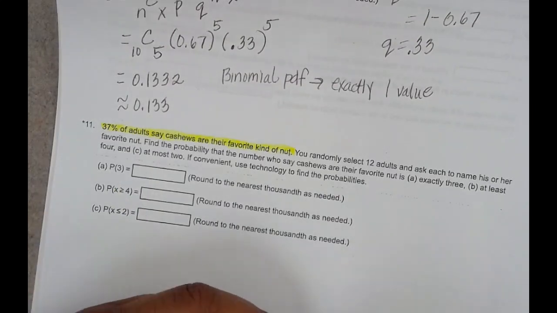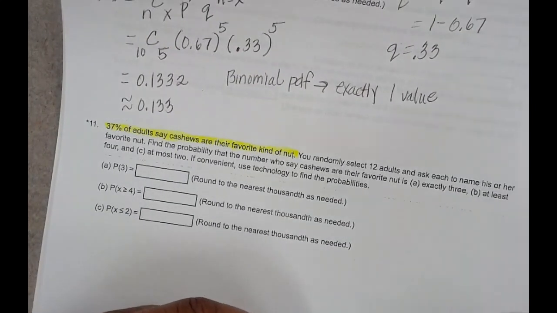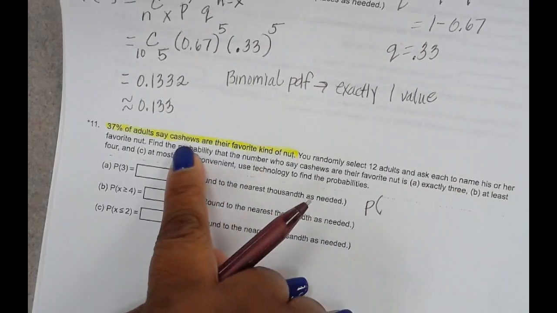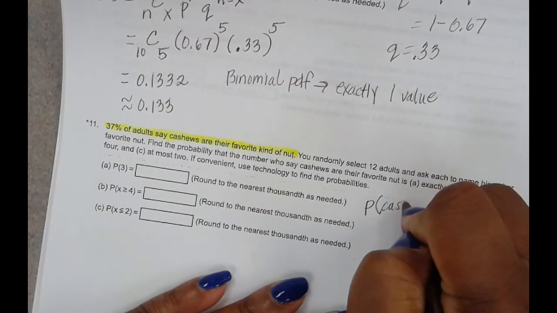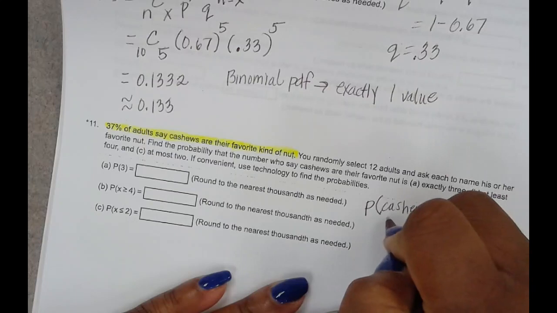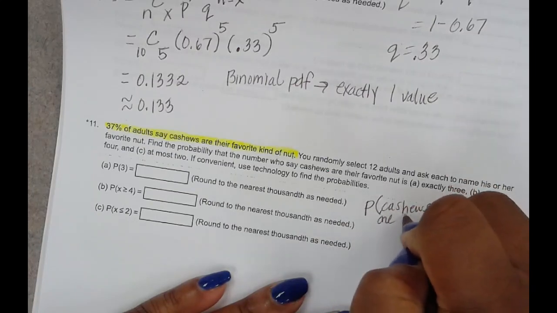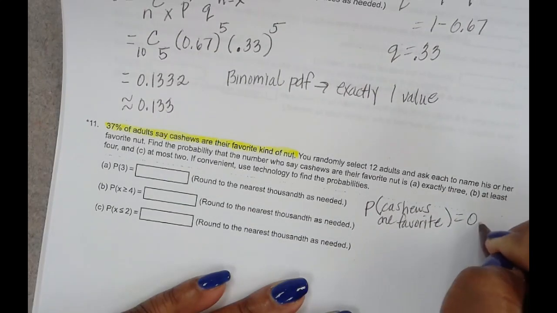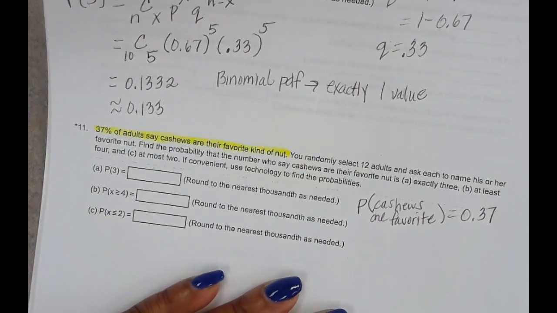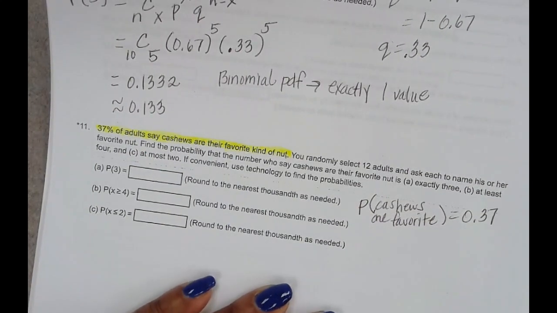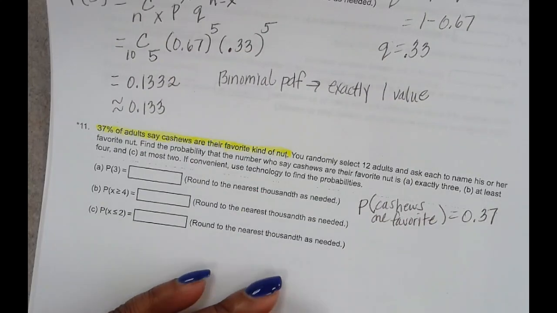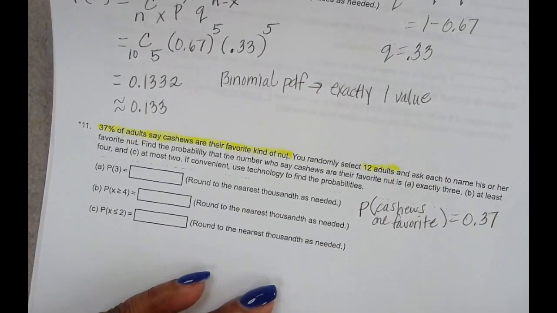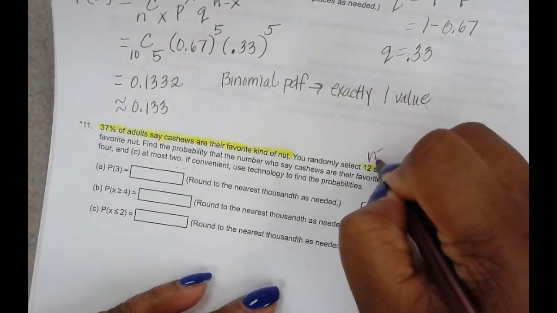And so we have P of cashews as a favorite is 0.37. We also know that 12 people were randomly selected. That is our n. n equals 12.